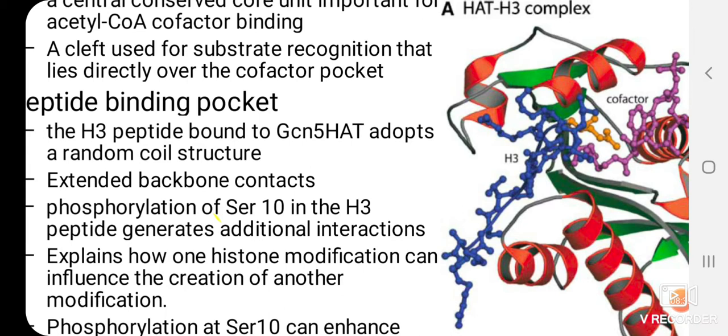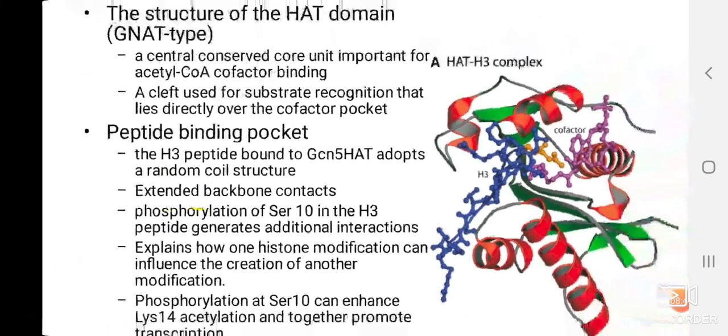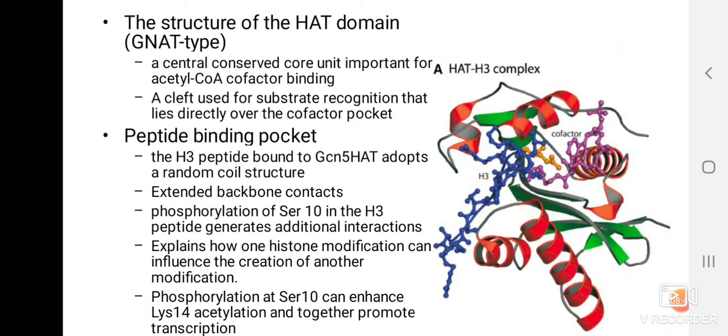Oppositely, you can see the blue dots, the ball and stick model of H3 which is binding with the ribbon. The ribbon model is the HAT. The pinkish one is the cofactor, the acetyl CoA. So they are going to interact directly within this enzyme pocket.